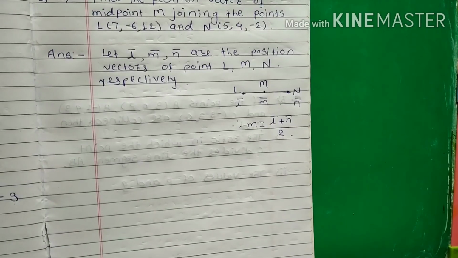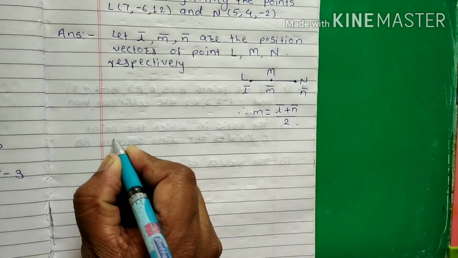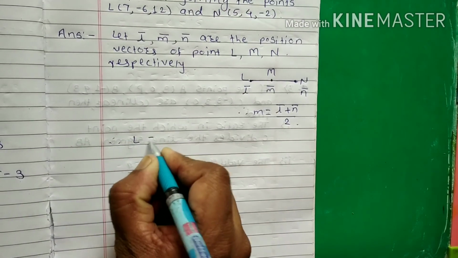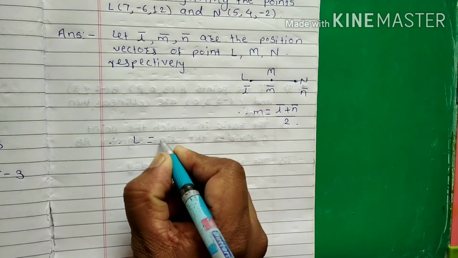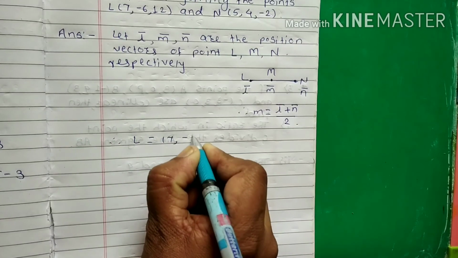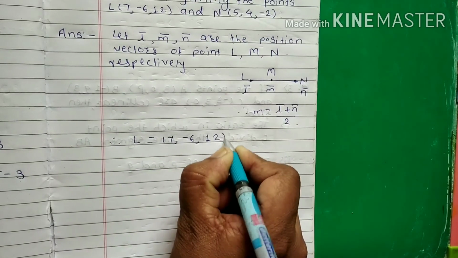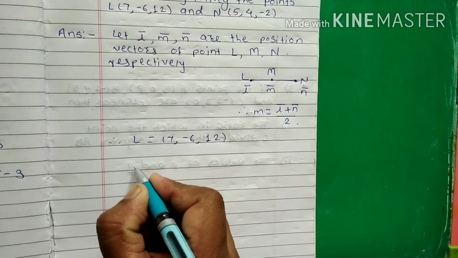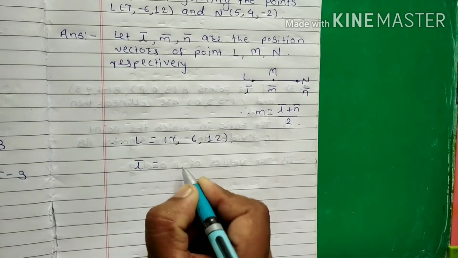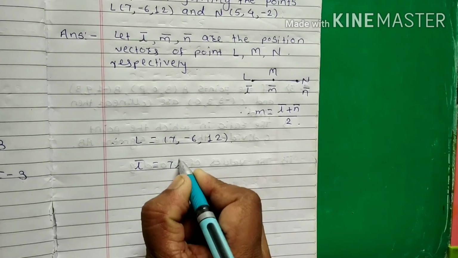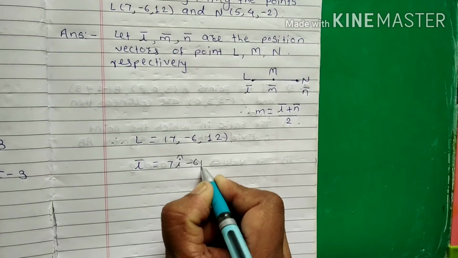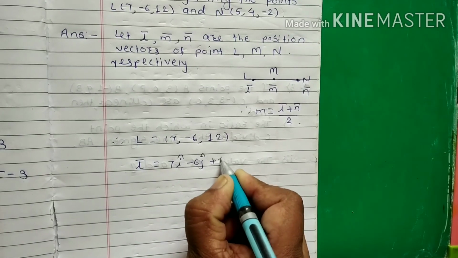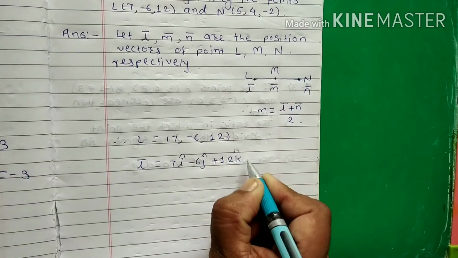Here points L and N are given. Point L is equal to (7, -6, 12), then we find its l bar is equal to 7 i cap minus 6 j cap plus 12 k cap.